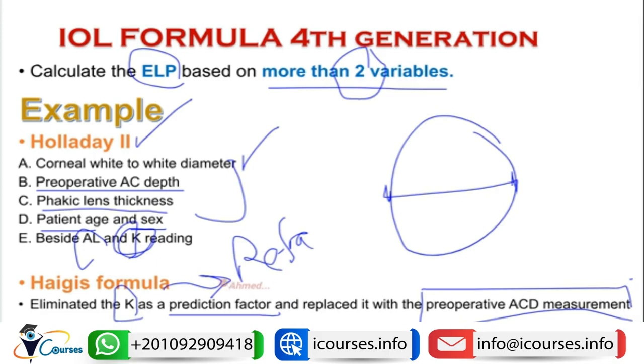No, it is not accurate enough. I'm just saying that it will be the most accurate among all these formulas, but to be more accurate, it is better to use the online calculators by the ASCRS, the American Society of Cataract and Refractive Surgery.